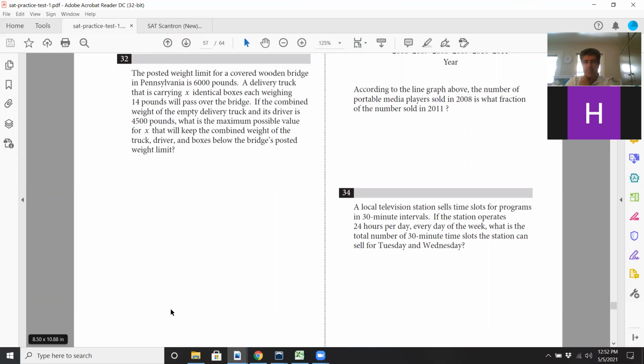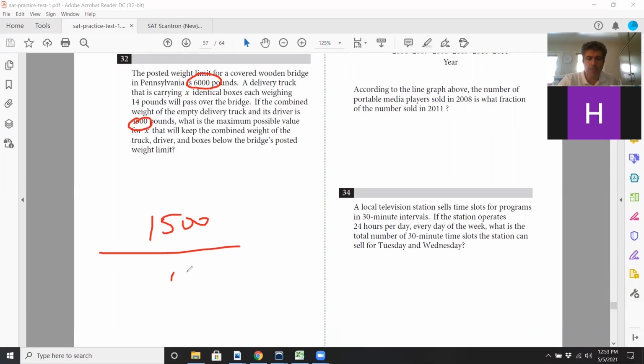Okay. But then you add boxes. What's the maximum possible value of X, which is the number of boxes, that will keep the combined weight of the truck, driver and boxes below the bridge's postal weight limit? So you're allowed an extra 1,500 pounds, right? They have 14 pounds per box.